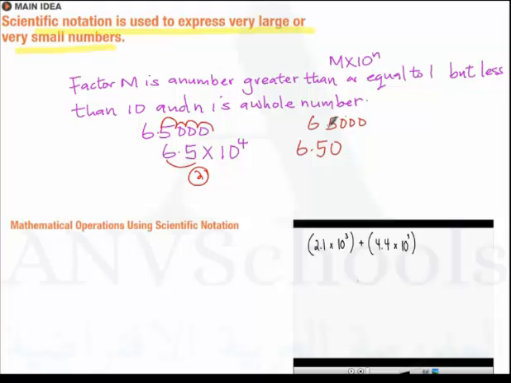But since we have retained a 0, we still multiply by 10 raised to power 4, just like in the first instance. The only difference is that it will have a 0 here.